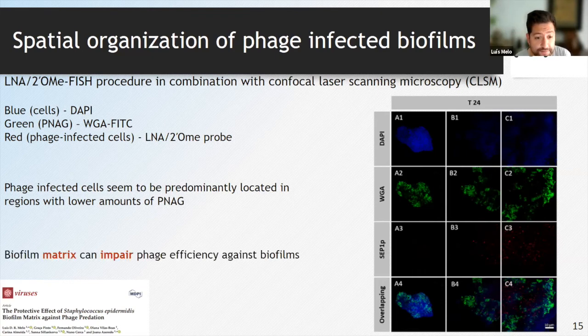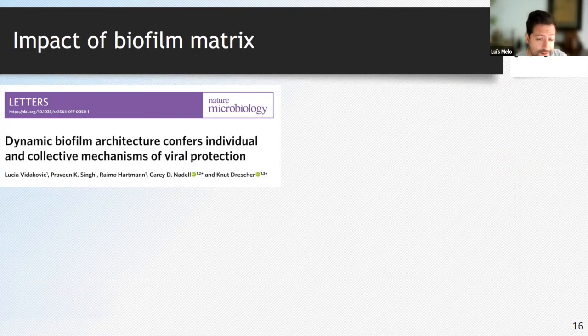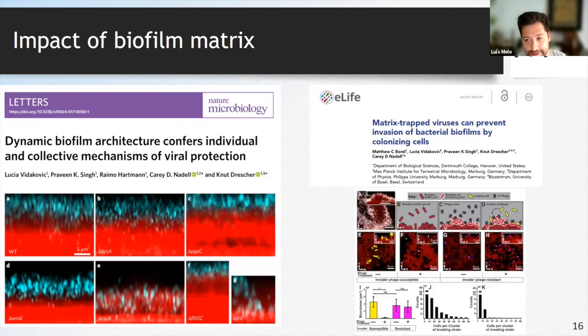So this, at least for us, proved that the matrix is impairing the efficiency against biofilms. Just two papers that came out very recently in E. coli, but showed also in other studies using different techniques, that the biofilm architecture can trap the phages, preventing viral predation.